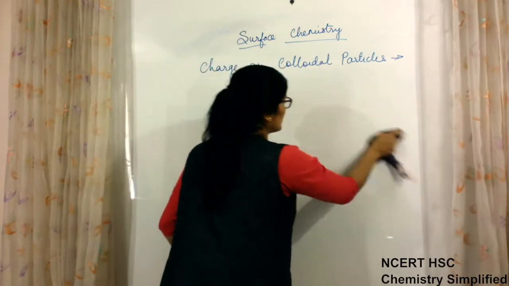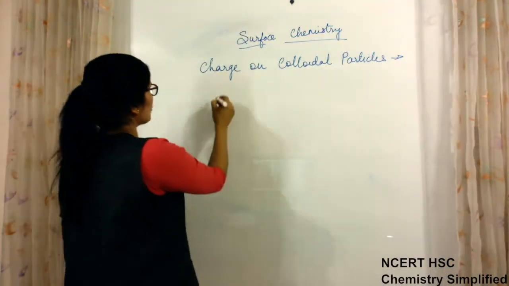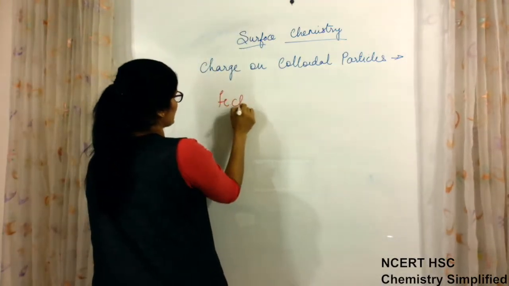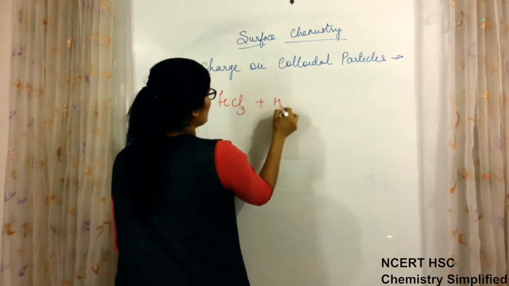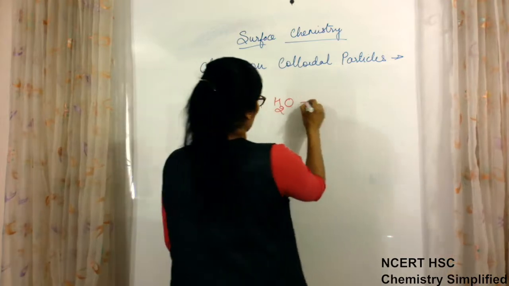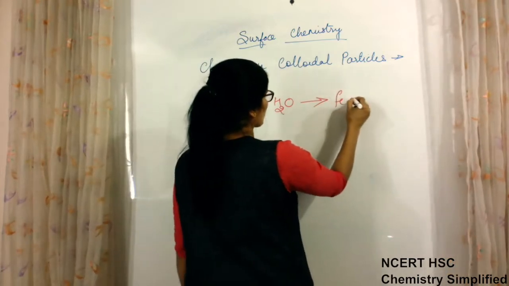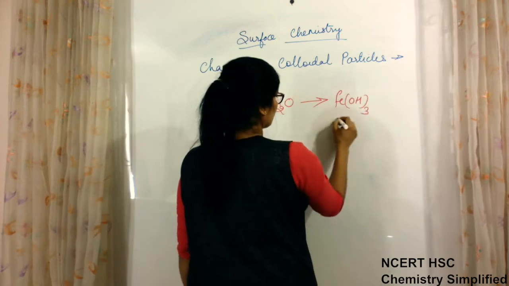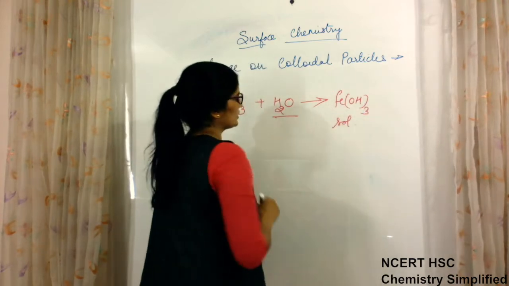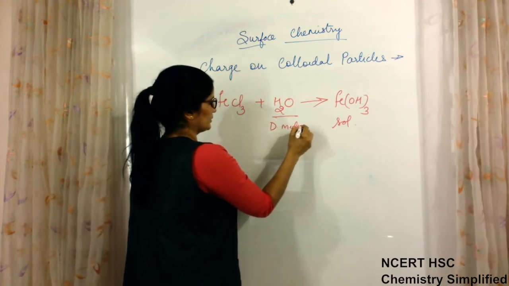Then one more example which we have taken previously also was of ferric chloride, FeCl3, when dissolved in water and heated. So that means hot water reacts with it and it forms ferric hydroxide sol. Here the dispersion medium is water.